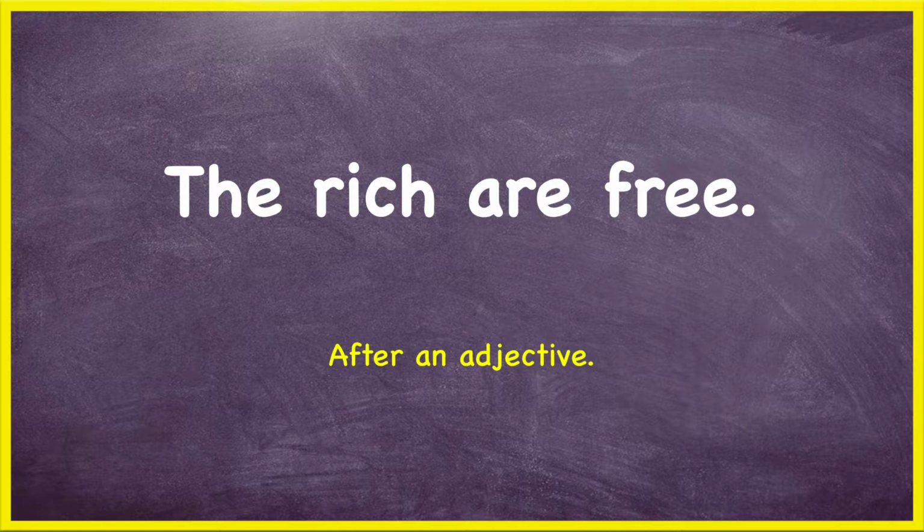What's rich? People are rich. So the rich people are free. Or the rich people are free people. But we don't need to say people because we know what we're talking about, especially if it's in a conversation already. So the rich are free. We know we're talking about people.